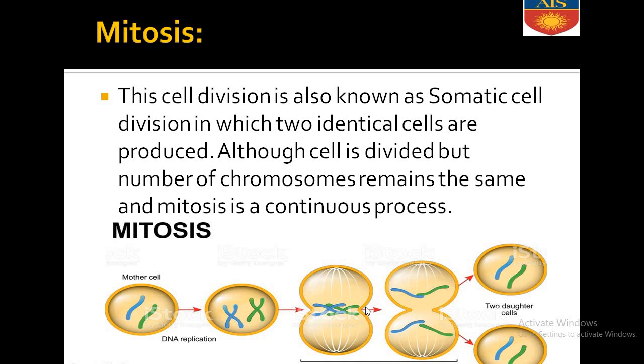See, there is a cleavage, then it divides. The cytoplasm divides, the nucleus divides, then ultimately it produces two equal and identical daughter cells. This process is known as mitosis, and this occurs only in somatic cells, and 22 pairs of chromosomes undergo mitotic division.